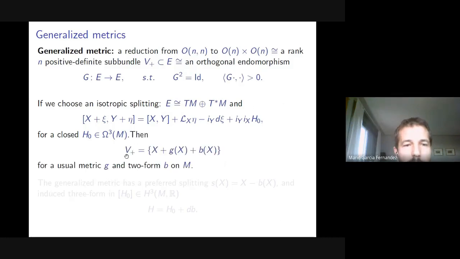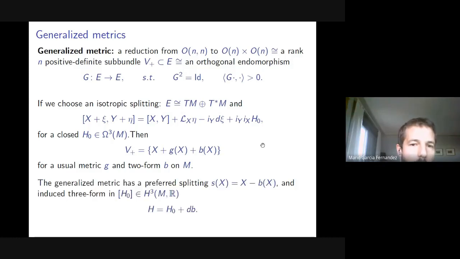And then I can write my B plus, my metric, as the graph of a two tensor, which I decompose into the symmetric part, which is this G, and a skew-symmetric part, which is a 2-form. And actually, one can show that this G has to be a Riemannian metric. One important observation is that a generalized metric has itself a preferred splitting.